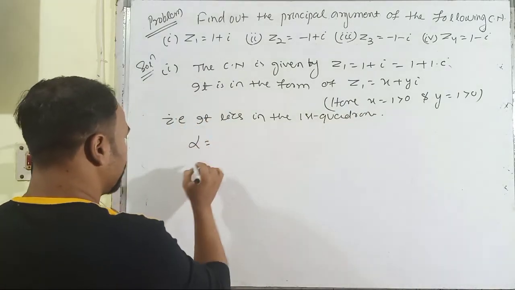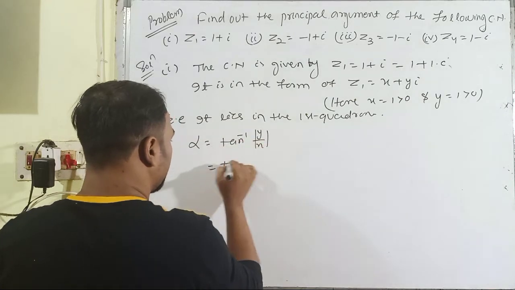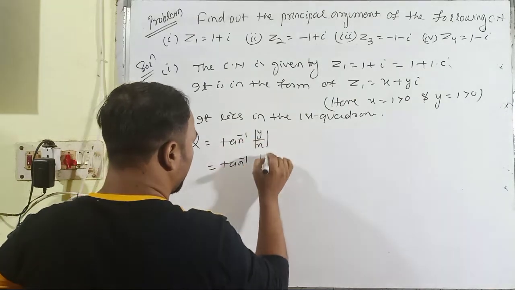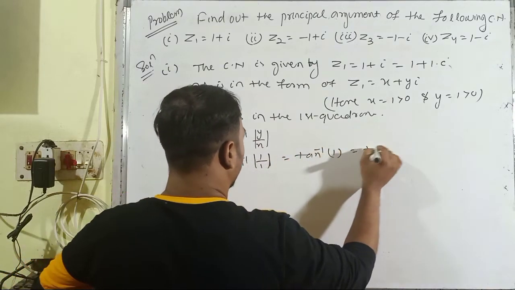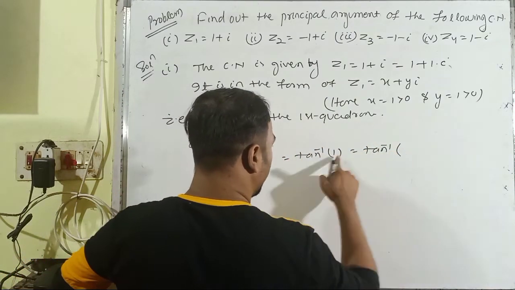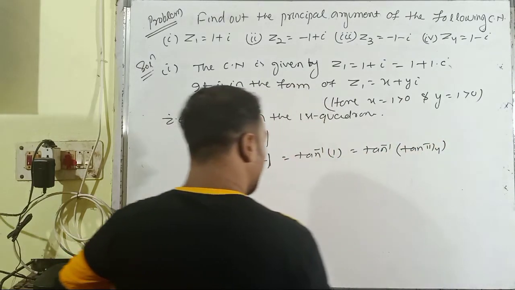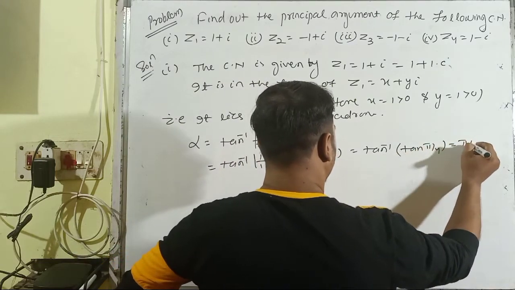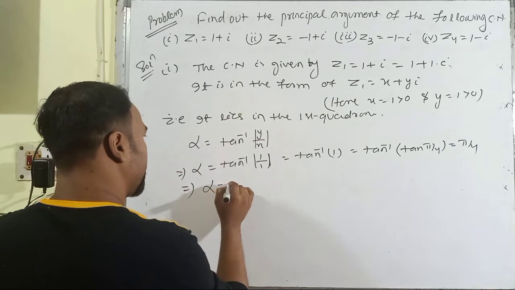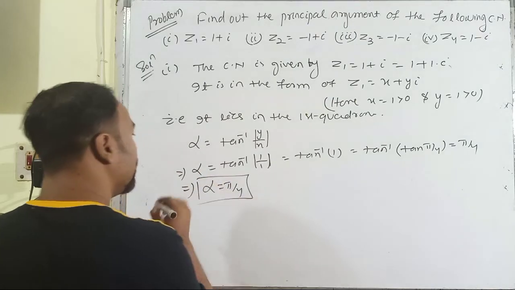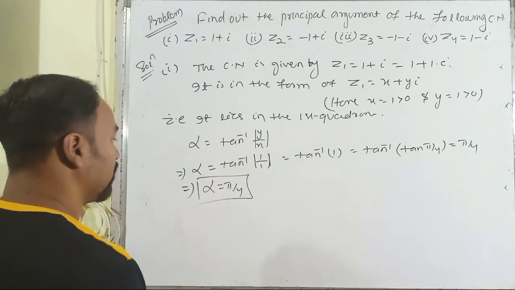So alpha is equal to tan inverse modulus of y upon x. That means tan inverse modulus of 1 upon 1, so it is tan inverse 1, and the value of tan inverse 1 is pi by 4. So alpha is equal to pi by 4. But we have to find the principal argument, that is theta, of the complex number.